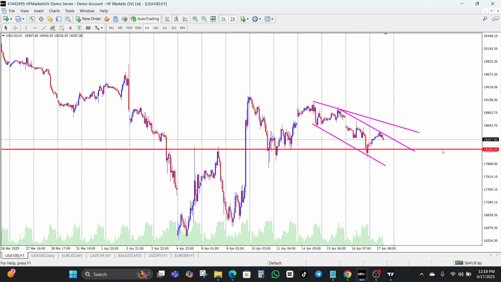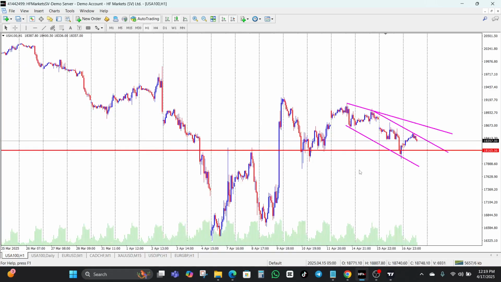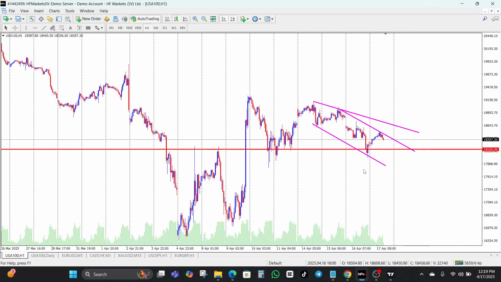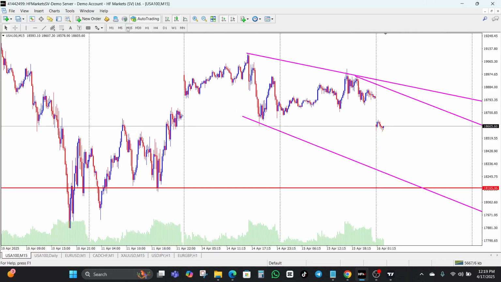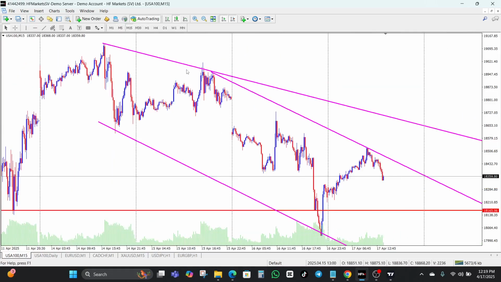Use a basic trend line to visually track the direction. If the market is consolidating, you can wait for a breakout, or you can just drop down to a lower time frame like the 15 minutes for short-term opportunities.